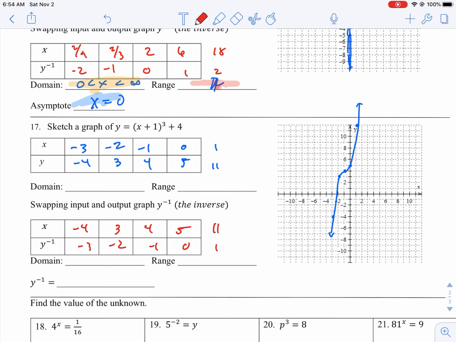Graph those. Negative 4, negative 3, 3, negative 2, 4, negative 1, 5, 0, and 11, 1.